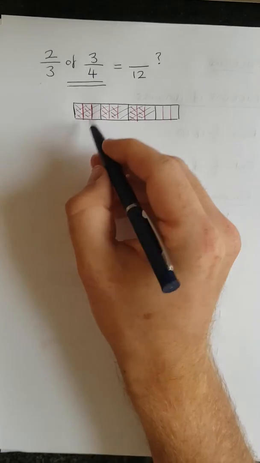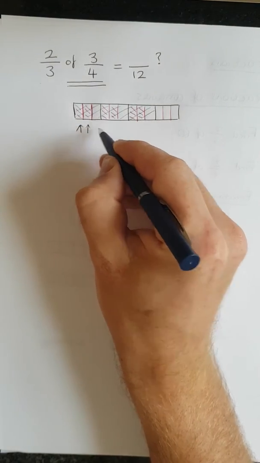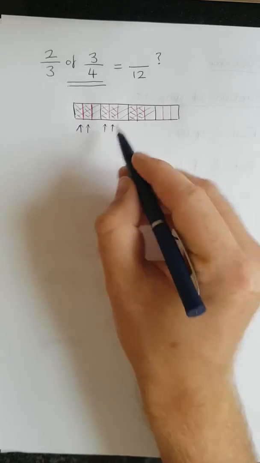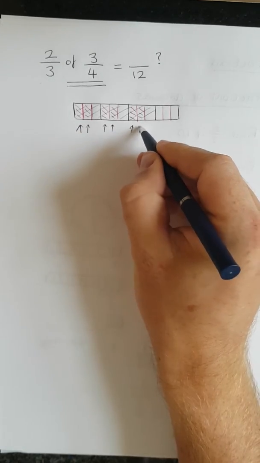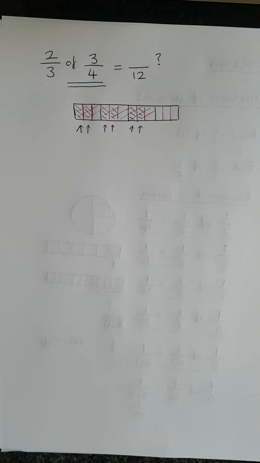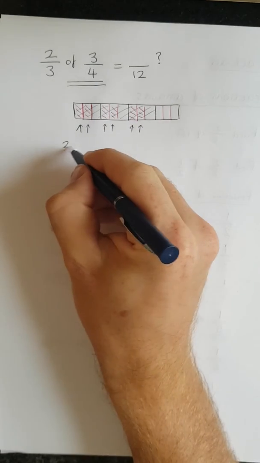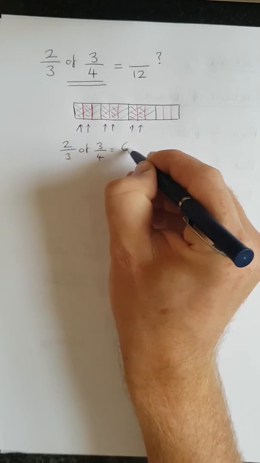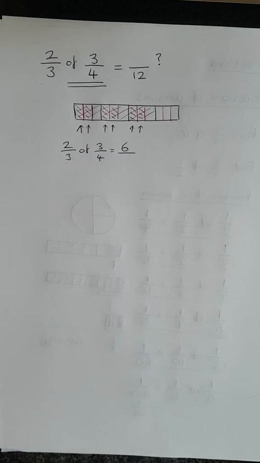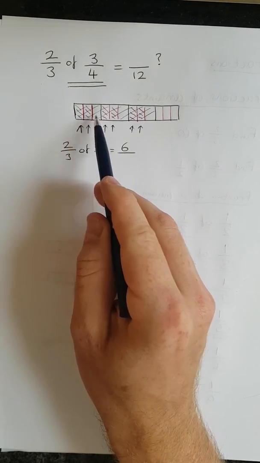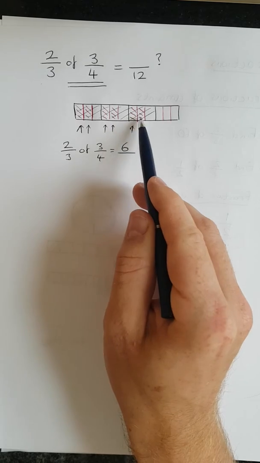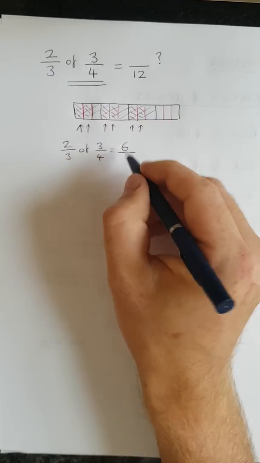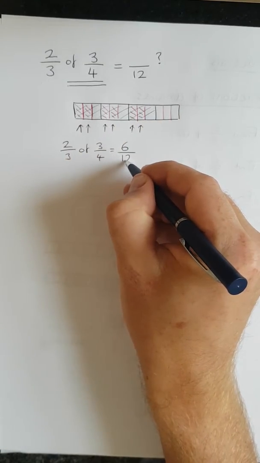Let's have a look at what we've got here. 1, 2, 3, 4, 5, 6. So 2/3 of 3/4 is 6 somethings. Out of what? 1, 2, 3, 4, 5, 6, 7, 8, 9, 10, 11, 12. That's interesting.